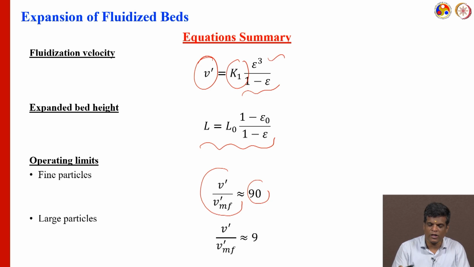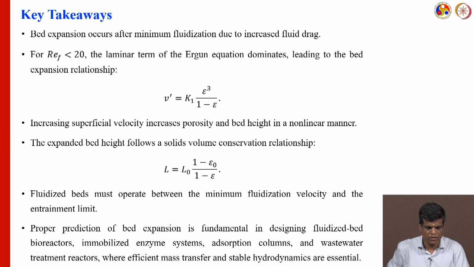For a large particle, the velocity is 9 times the minimum fluidization velocity. These are the equations we will use for fluidized bed reactors.